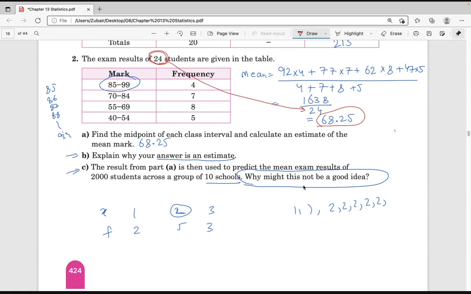So there will be too many schools, so we can't record. I think you're just lacking the wording. You're somehow getting close to the answer.